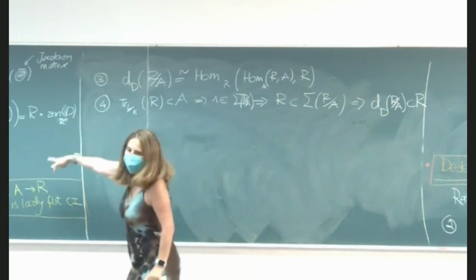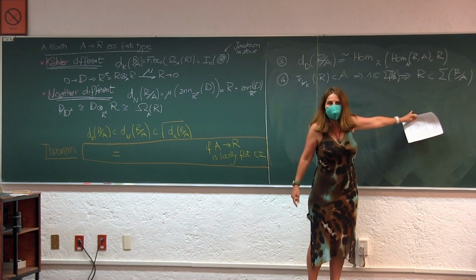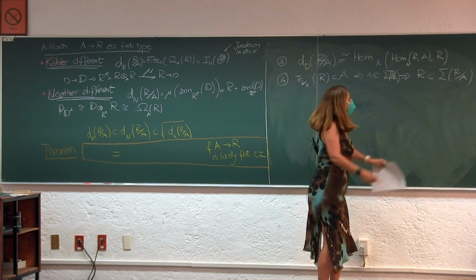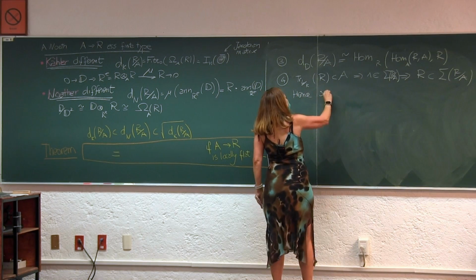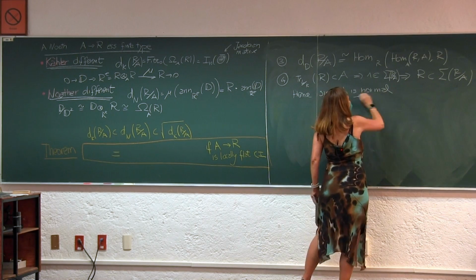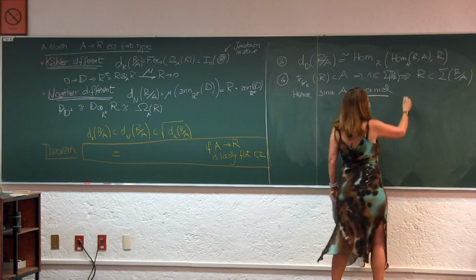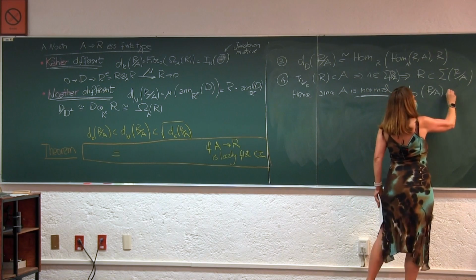So this tells me that this guy is contained in R. So this is not a fractional ideal, it's an ideal. Okay? These two were clearly ideals. This was not an ideal, clearly. It was just an R-submodule of L. Now this is an ideal.